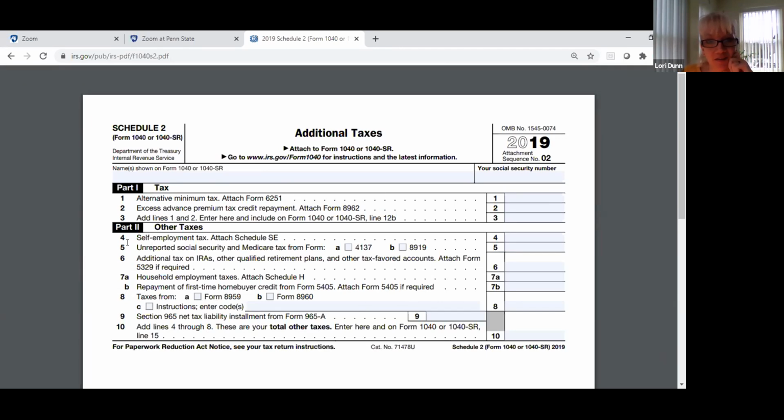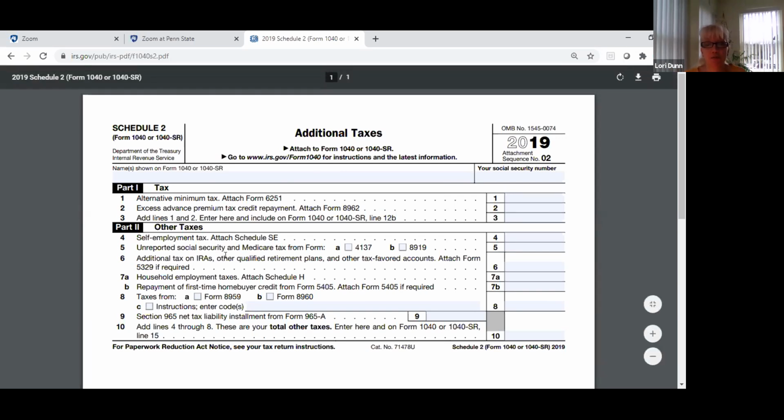We've already talked about self-employment tax. Any additional taxes like self-employment and alternative minimum tax are first reported on Schedule 2. Then they transfer over to the 1040.